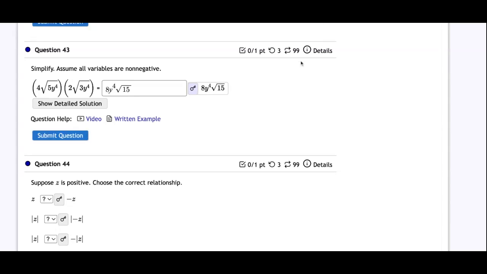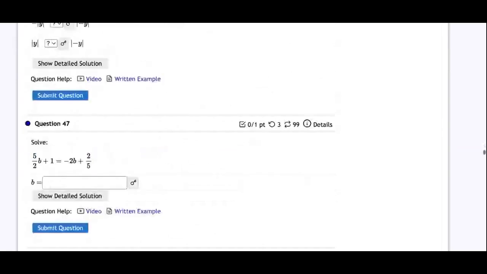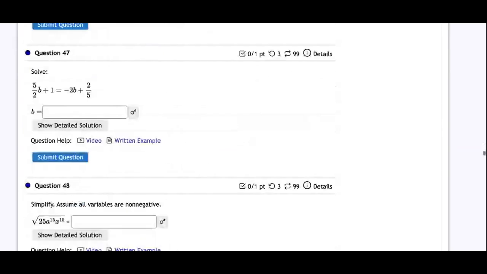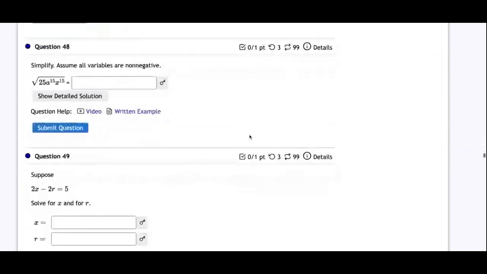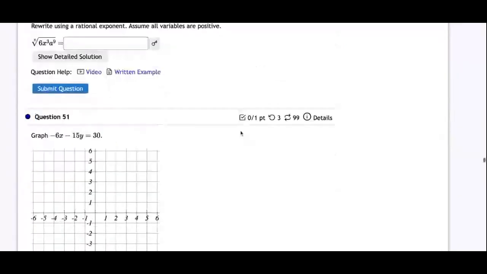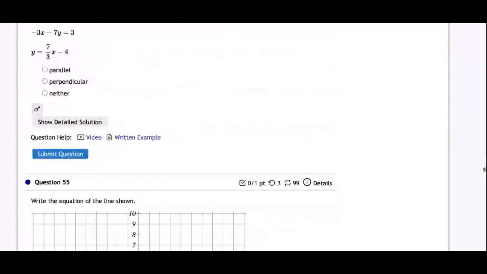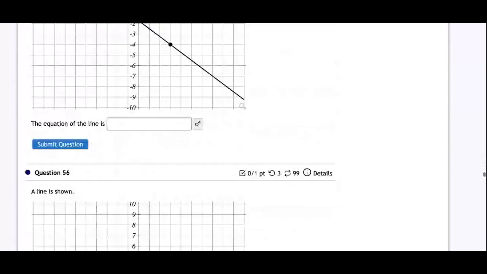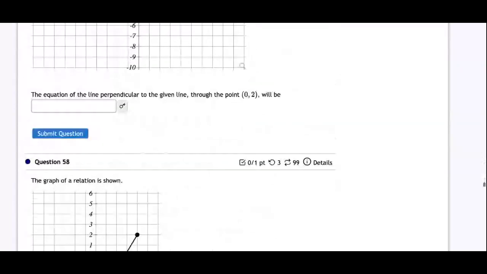Okay. But this is not a quadratic equation, right? You can't find a quadratic equation. This is all about linear.